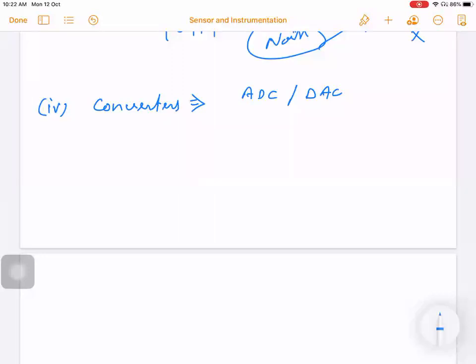So you have to convert the signal. So we use the ADC, analog to digital converter. Same if you want to publish or display your data.